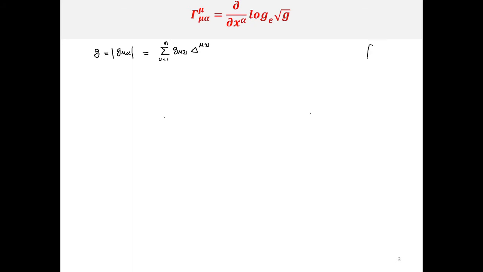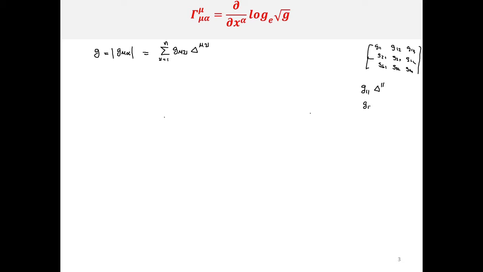That is, if you are considering the elements g11, g12, g13, g21, g22, g23, and g31, g32, g33. To find the determinant value, you just take g11, then find the cofactor of this particular element.